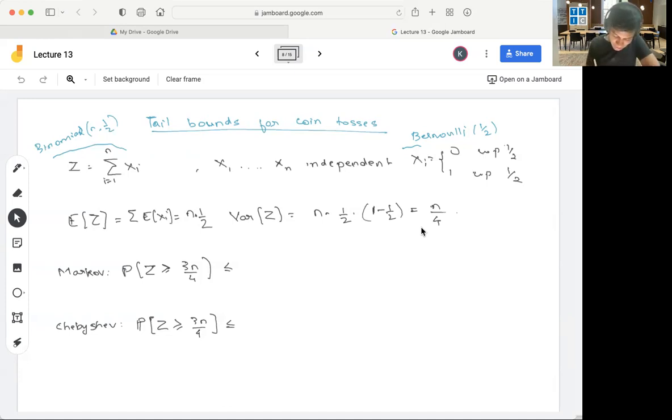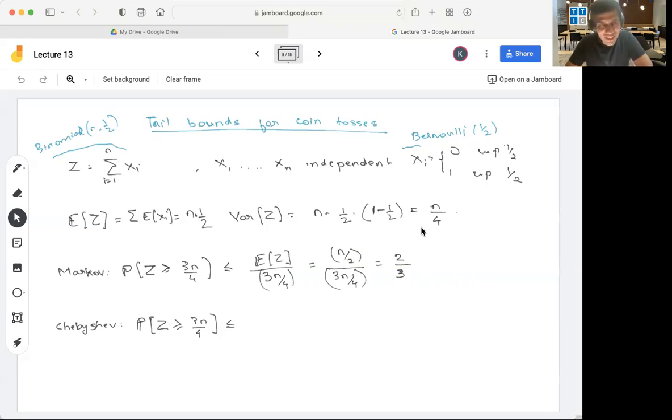Markov's inequality will give us that the probability that z is greater than or equal to 3n over 4 is less than or equal to the expectation of z divided by whatever tail bound we are shooting for. The expectation of z is n over 2, so we get 2/3, which is still not bad. It's an interesting bound. It's certainly less than 1.